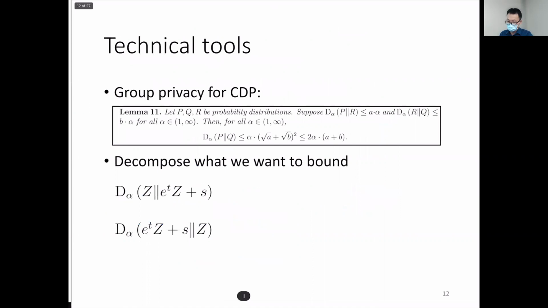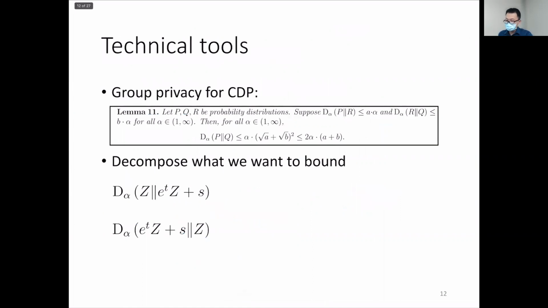Okay, and how do we do that? The idea of bounding these two is to find some intermediate distributions, such that we can decompose this Rényi divergence calculation into some kind of a triangle inequality, so that we can apply the dilation property and translation property to each one of the components in the decomposition, right?